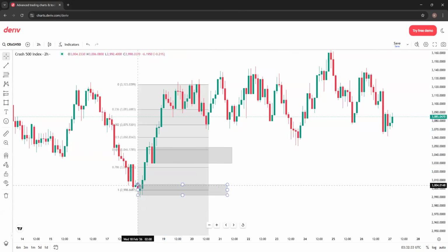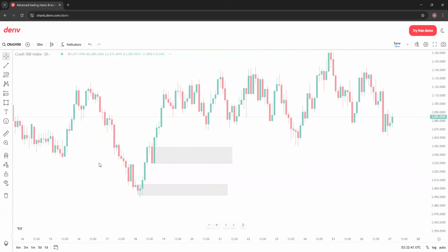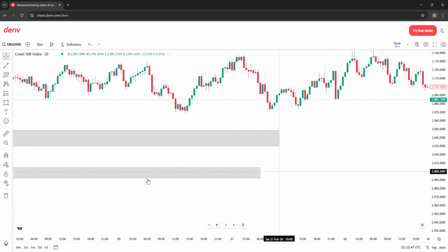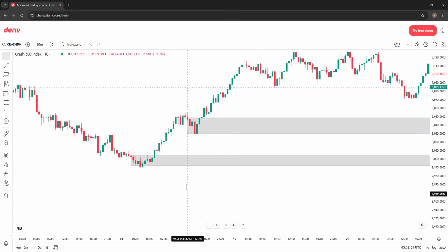So now, instead of entering early or entering late, what we need to do is what we call refinement. So now we switch to M30. I want you to notice something at the areas that we marked. You notice that instead of that order block being up, it's now down.